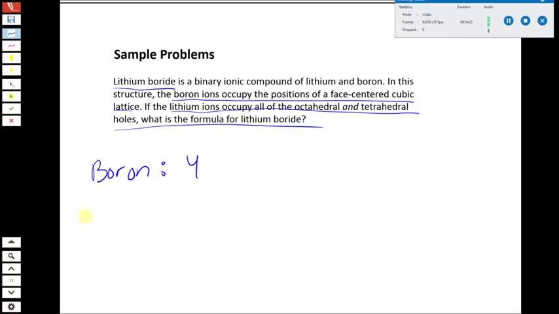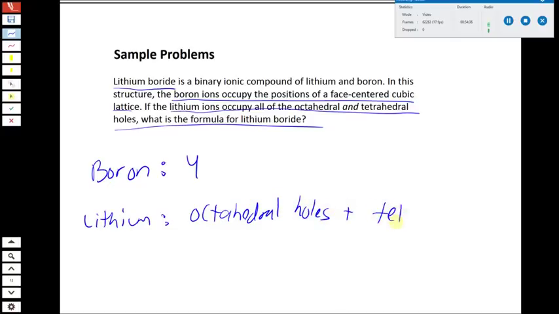And then for the lithium, as we said in this compound, which is not the most common situation, but it occurs here, we have octahedral holes and tetrahedral holes occupied. So both of those are going to be filled. So the octahedral holes, as we've seen and is summarized in the table that I gave you earlier, there's a total of 4 octahedral holes, 12 on the edge plus the one in the center gives us a net of 4.